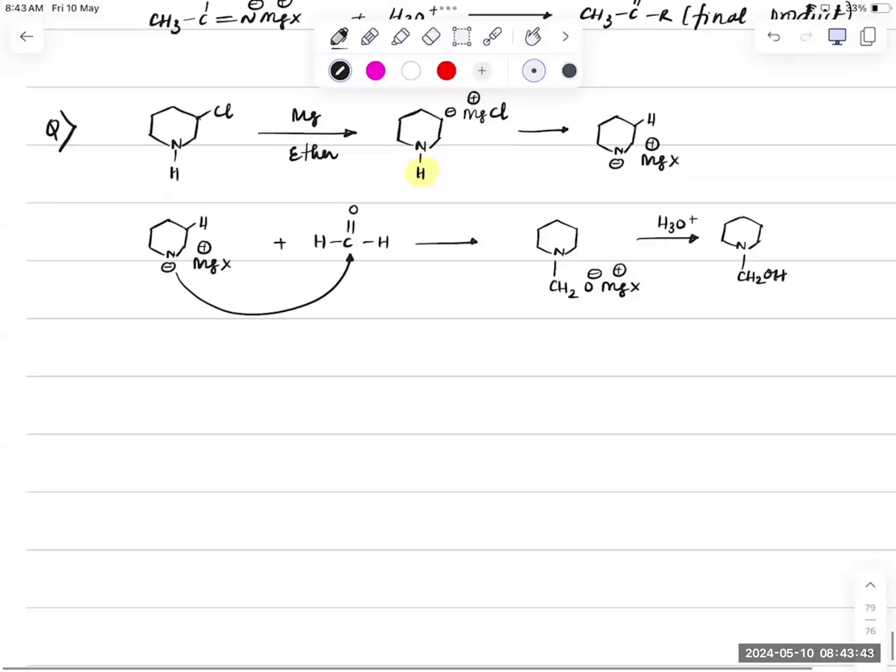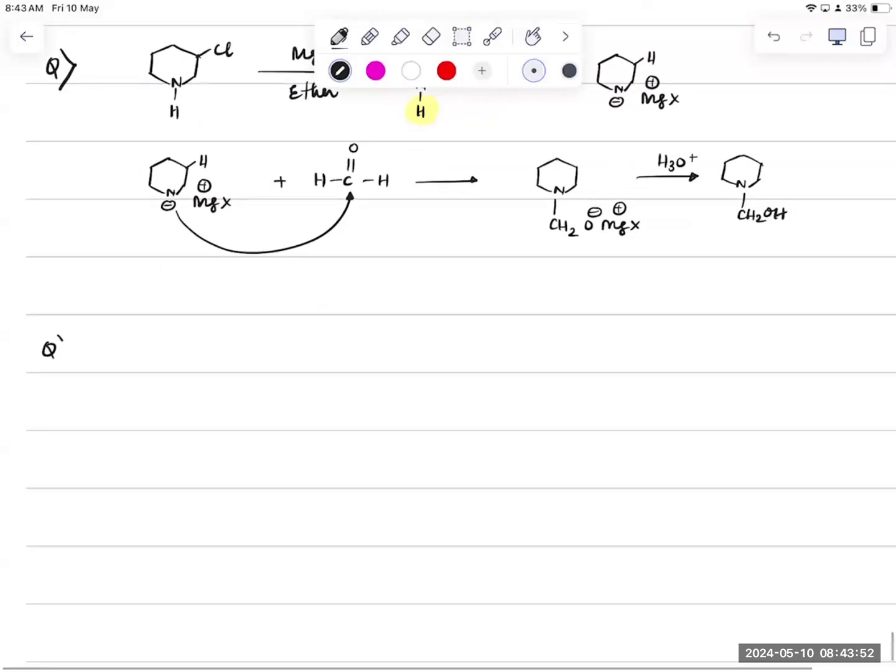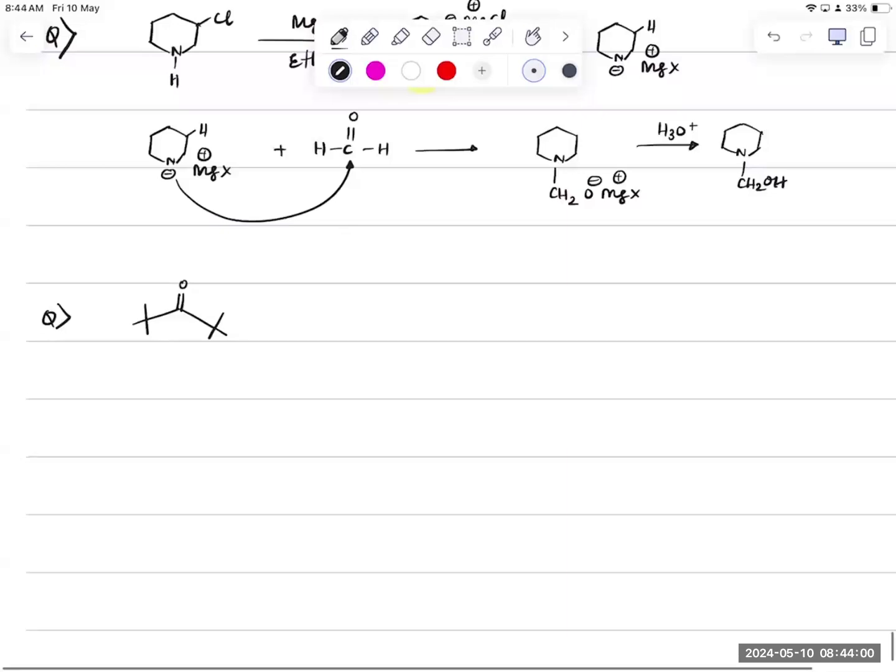Now, not every ketone will be reactive with RMgX either, depending upon the crowding, how much crowding it has. For example, to take another example here, suppose you have a group like this, double bond O and a group like this, an extremely crowded one. So extremely crowded on the ketone.